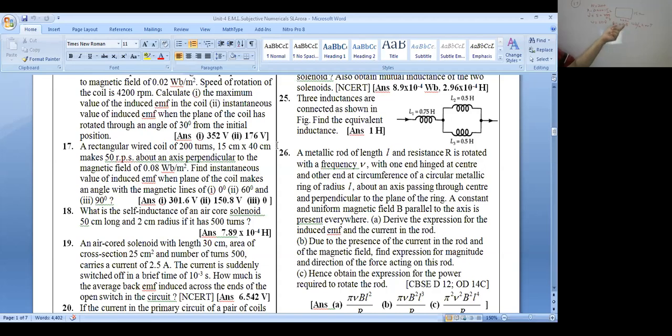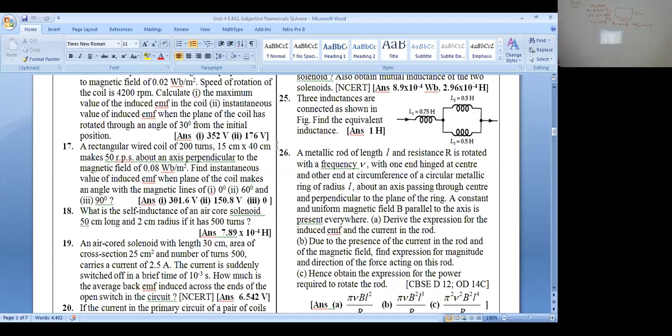Weber means flux, it is the unit of flux, named after a scientist, and per meter square, per area, it is called Tesla. It is also a unit. So whether it is written here as Weber per meter square or Tesla, both are the same thing.